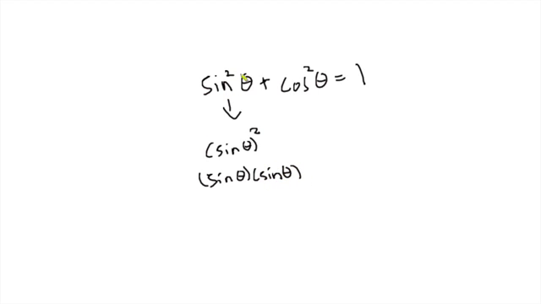Let's say you have, as an example, sine squared of 30 degrees. This is the same as sine of 30 times sine of 30. This is how you would solve this.